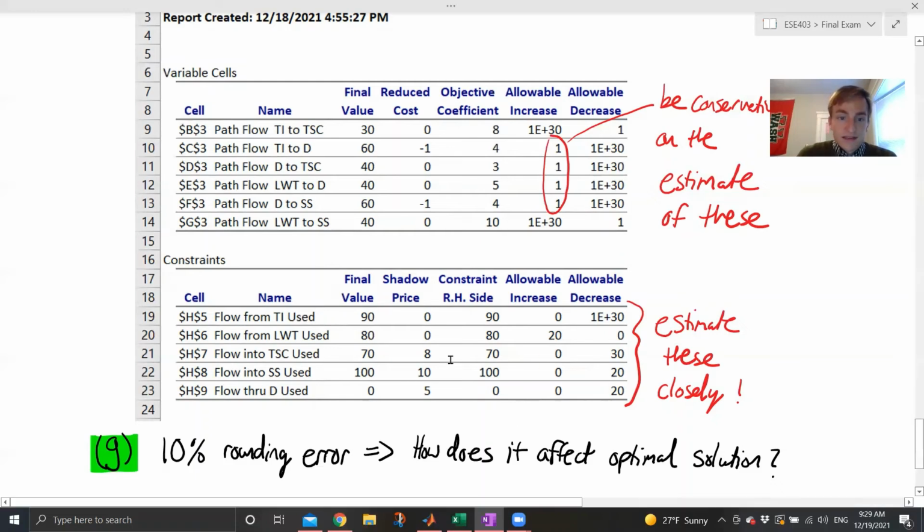Like I said, any decrease in flow is better than an increase. Other than flow from Liberty Water Tank, any kind of decrease is not that big a deal so much as a great increase, because any increase would throw it off our optimal solution.